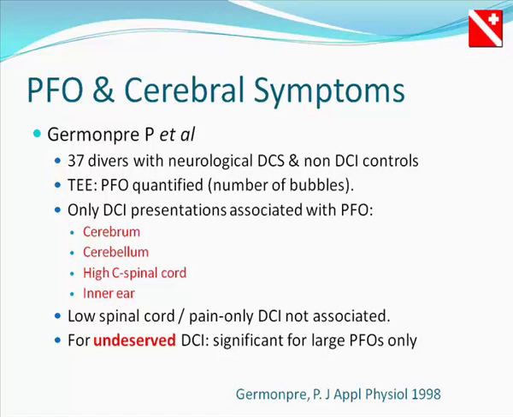So in other words, you don't have to consider a PFO with all forms of decompression illness, but only when you truly see paradoxical embolism related to the brain and the upper central nervous system structures. The low spinal cord lesions, the sort of girdle pain, paralysis, those were not associated with a PFO. And of course, if it's an undeserved case of serious decompression illness, our suspicions are raised even more.